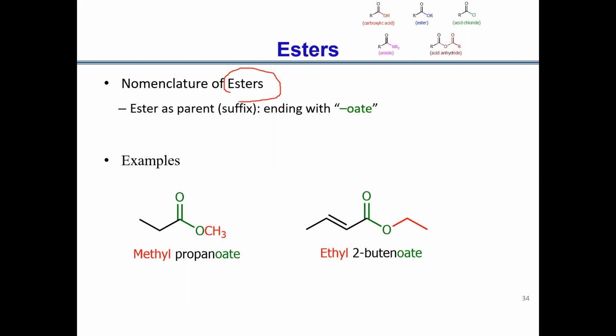And as they are carboxylic acid derivatives, they will definitely have a carbonyl group, which is bonded to the OR group. And when we talk about the OR group, the R can be alkyl or it can even be aryl. So it can be aromatic as well, not necessarily always alkyl.